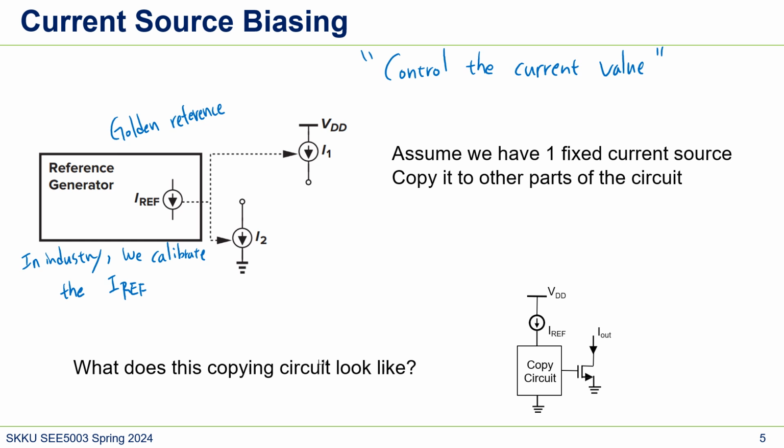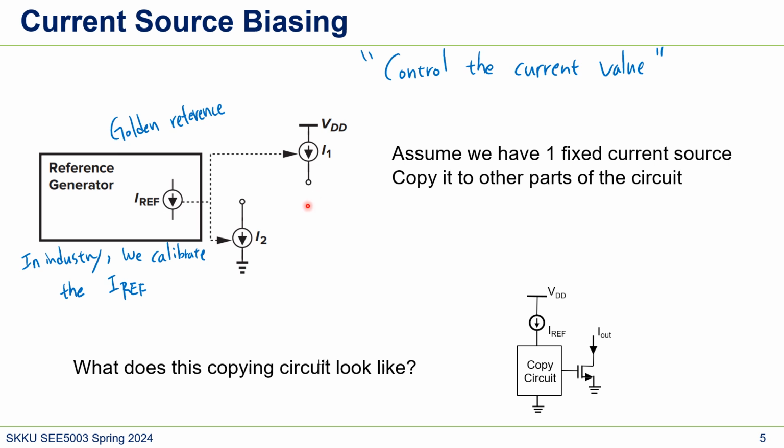Once the chip is fabricated, we measure it and then we tune it, maybe using some resistor tree and digital input. So we calibrate it, and we have a very accurate current reference, let's say 10 microamp or something. And then we use a single current source and copy it to other parts. So here we have one fixed current source and copy it to other parts of the circuit.